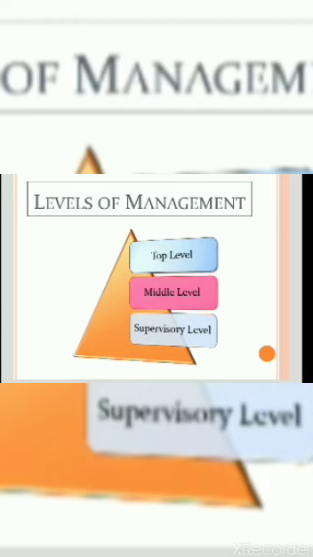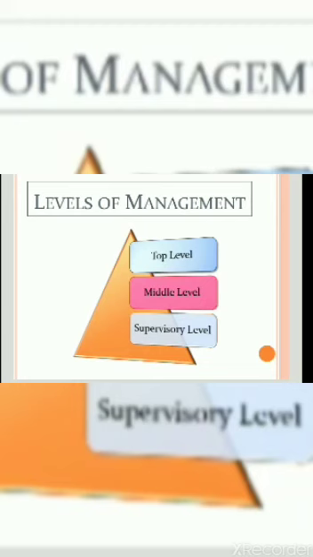In top level management, there are board of directors, chairman, general manager, president, vice president, CEO, CFO. And in middle level management, it is related to the managers, departmental managers. For example, purchase manager, sales manager, marketing manager, executive officer, plant superintendent, divisional heads, departmental heads.